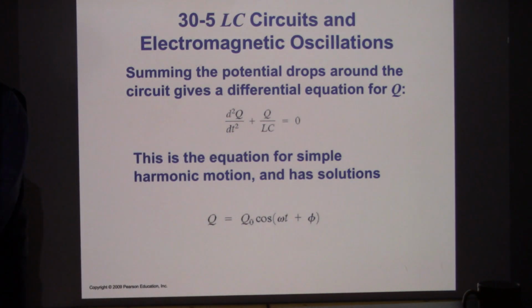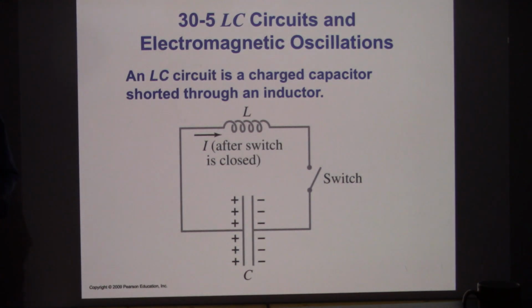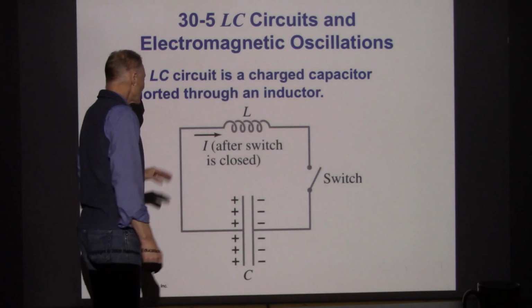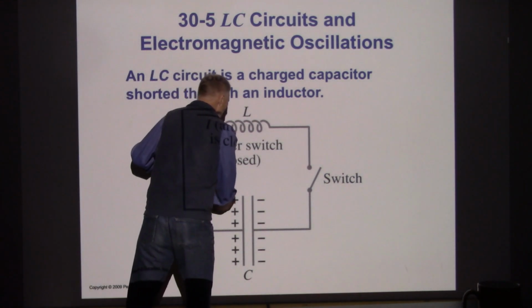So I'm not going to worry so much about the details of those equations as much as coming back to this picture and saying what's going to happen is this.